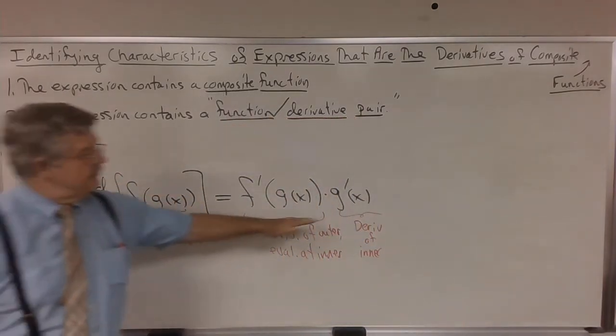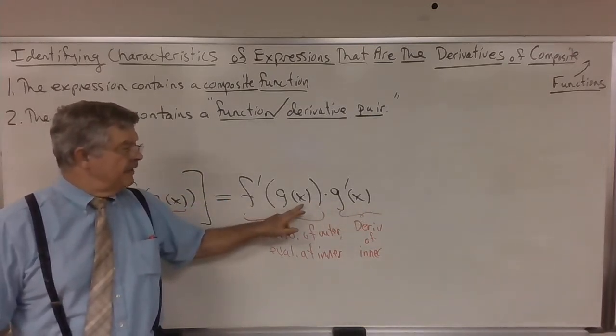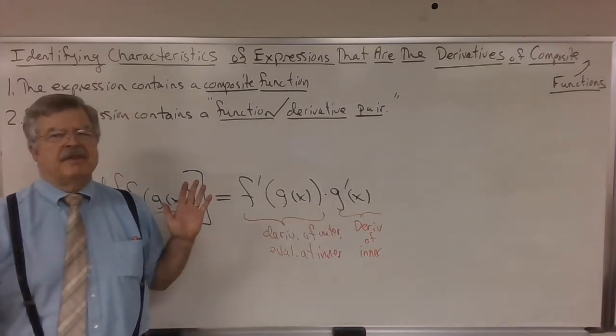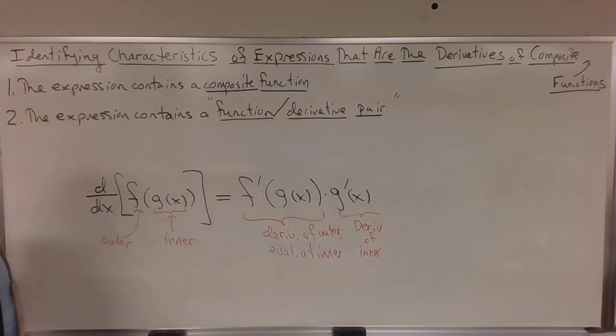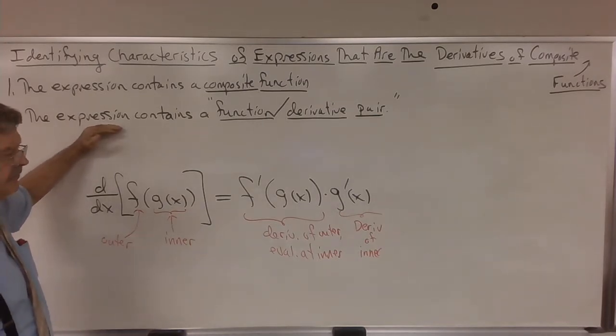So in the derivative of the composite function, we see a function and we see its derivative. That's something that we don't see in all mathematical expressions. So this is definitely a telltale symptom that we're working with the derivative of a composite function.